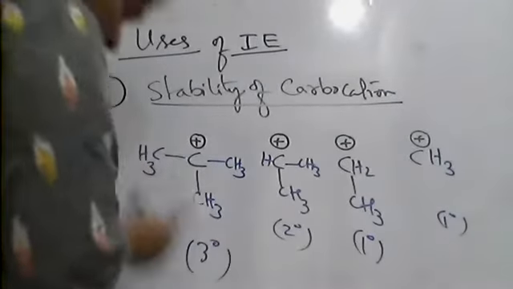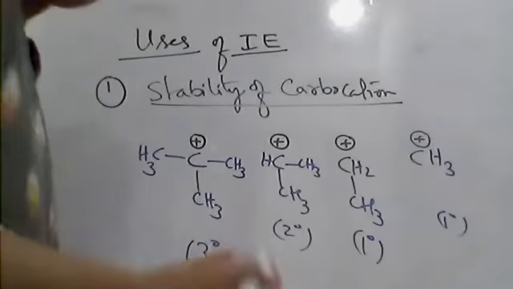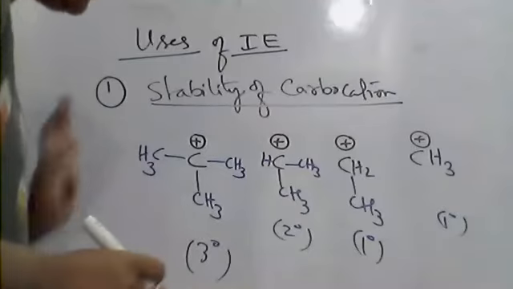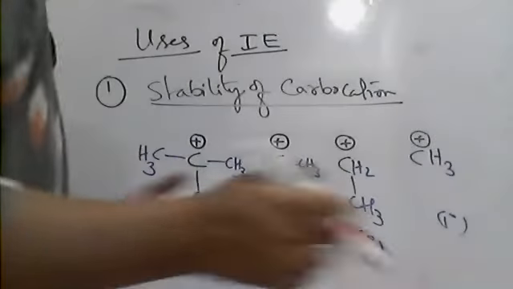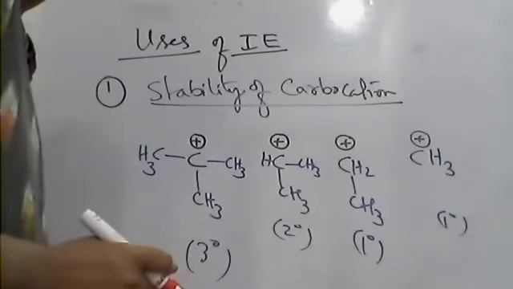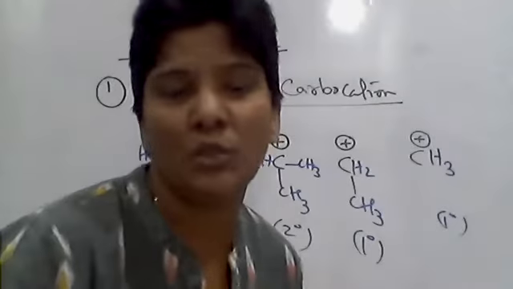Now, I hope you all know that any charged species is unstable, all carbocations are unstable. But among these, which is more stable? That is, which can stay stable for longer? We know this from SN1 and SN2 reactions.